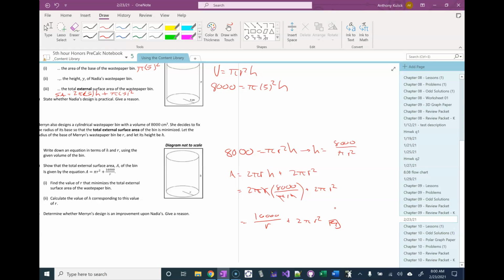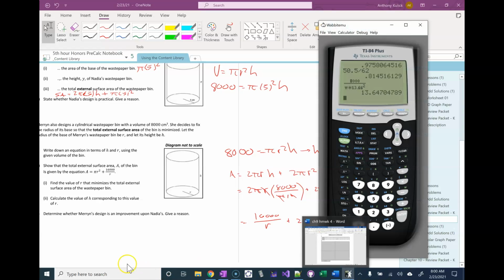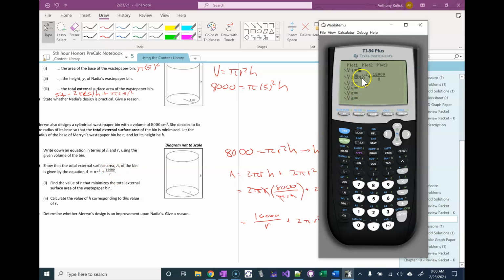Now it says find the value of r that minimizes the total external surface area of the waste paper bin. I'm going to use my calculator to do that. I'm going to graph the function that's given to me in part B, pi r squared plus 16,000 over r, and then look for a minimum value there.